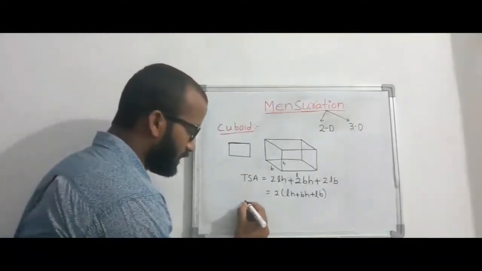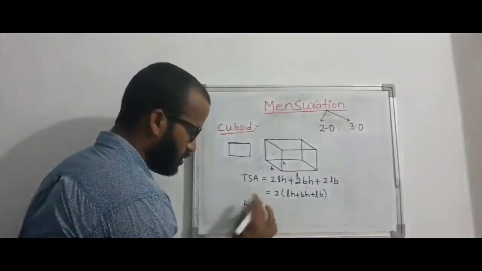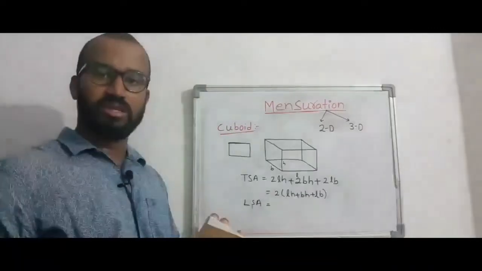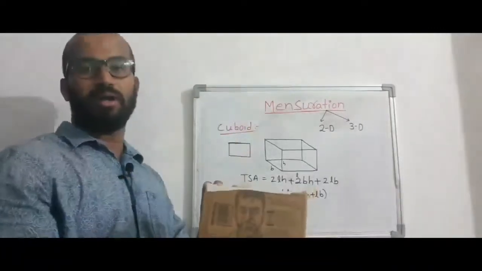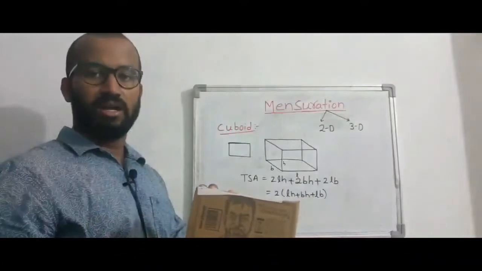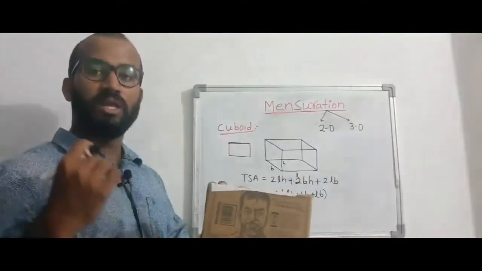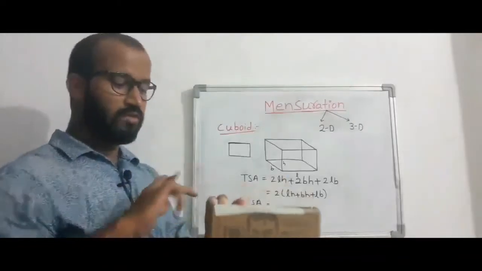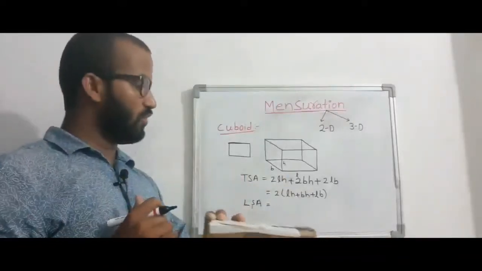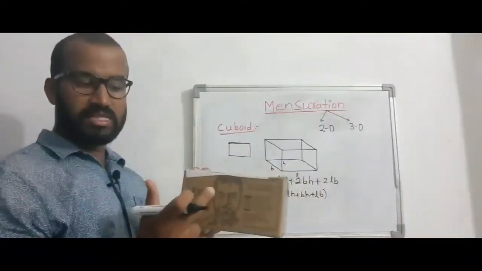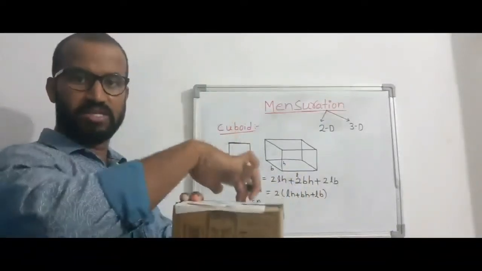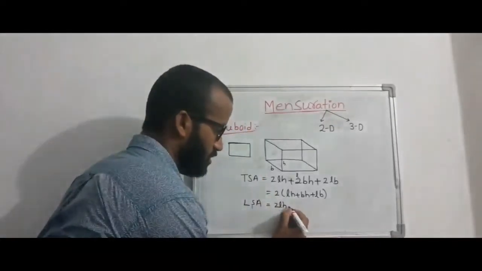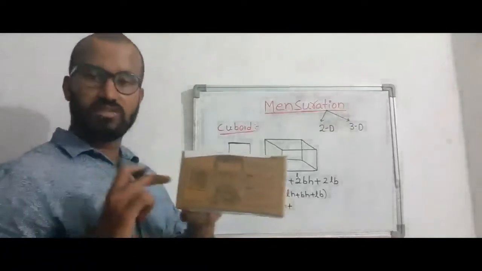What is meant by lateral surface area? Lateral surface area means if you remove the top and bottom, then it is called lateral surface area. Then how many faces will be remaining? 1, 2, 3, 4. So what about this face and this face? 2LH, plus, what about this face and this face?